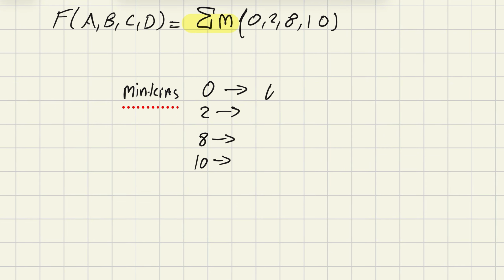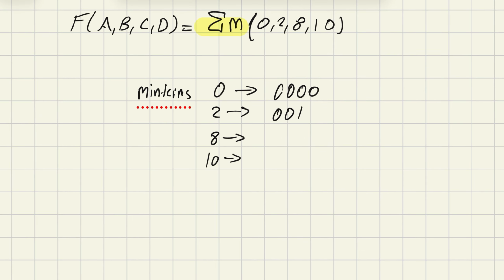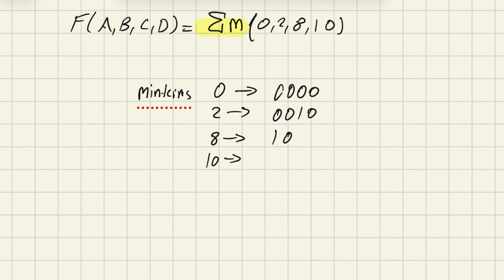Minterm 0 would be 0, 0, 0, 0. Minterm 2 would be 0, 0, 1, 0. Minterm 8 would be 1, 0, 0, 0. And minterm 10 would be 1, 0, 1, 0. The reason why we use 4 binary values is because there are 4 variables to consider in this K-map.